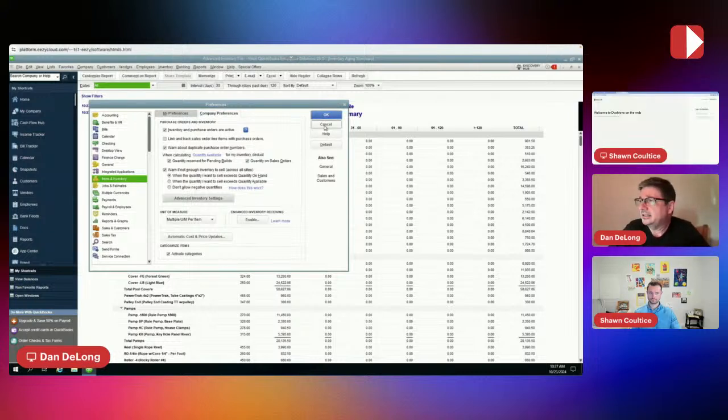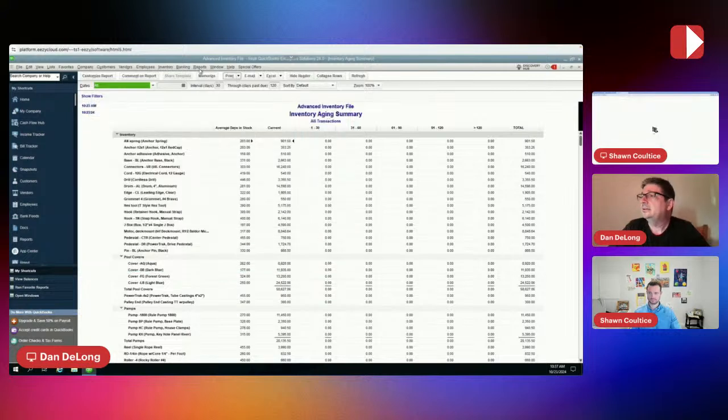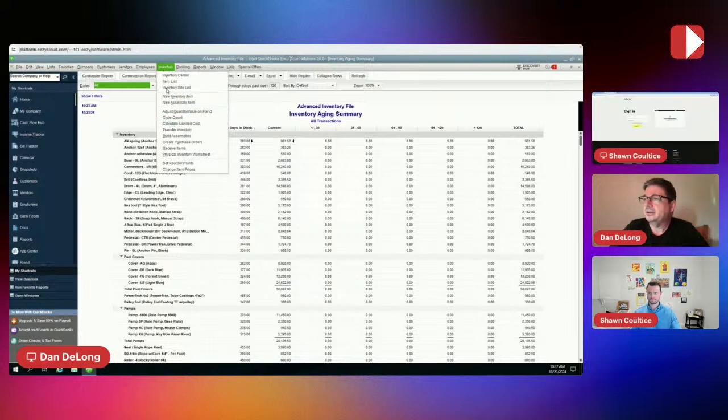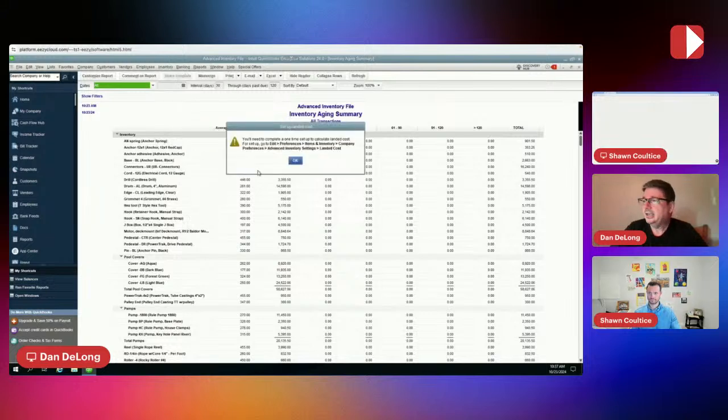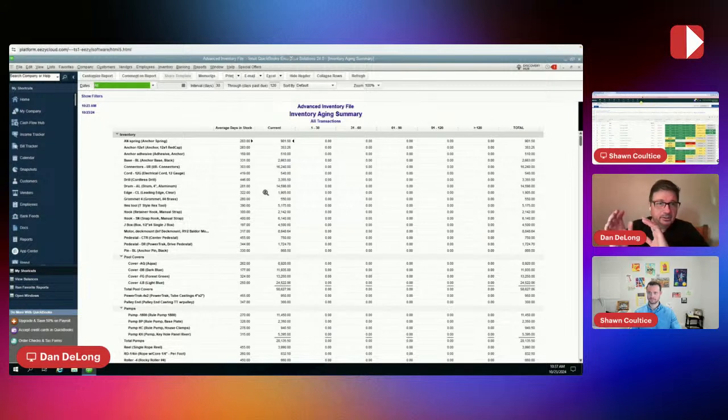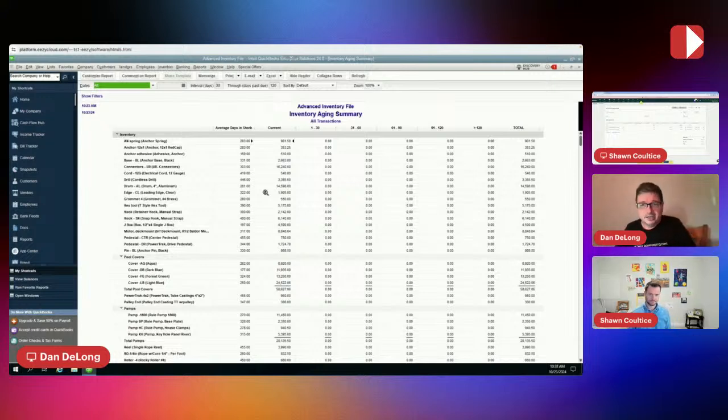And then the next thing that you're going to be doing is, I don't know if I turned it on or not. Oh yeah, so you do have a function from the inventory menu to calculate landed costs, and you're going to be doing that after the fact. So rather than doing it on the bill itself, where you have those other expenditures, it's going to go into that holding bin at that time, and then later you're going to go in and calculate the landed cost of those items and spread those fees.